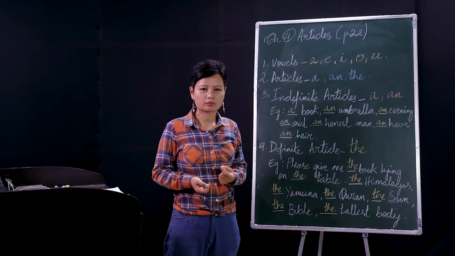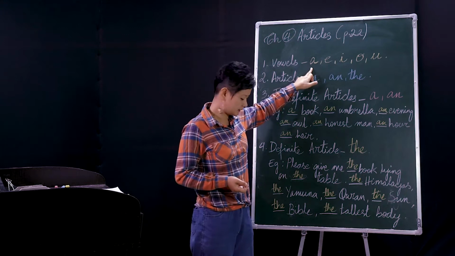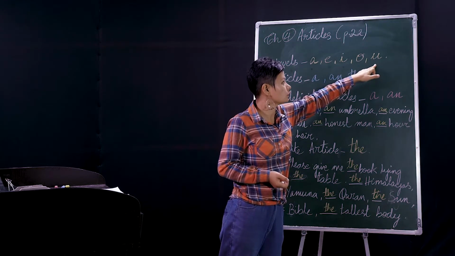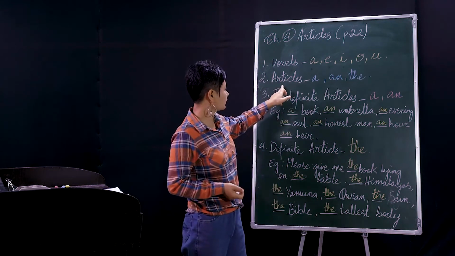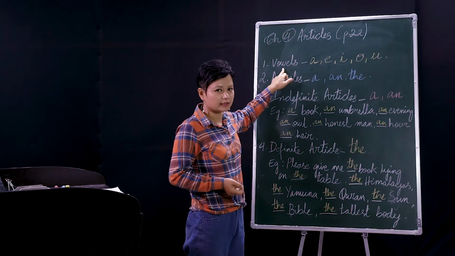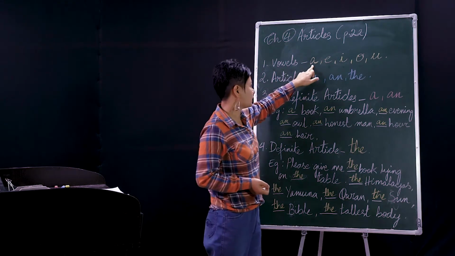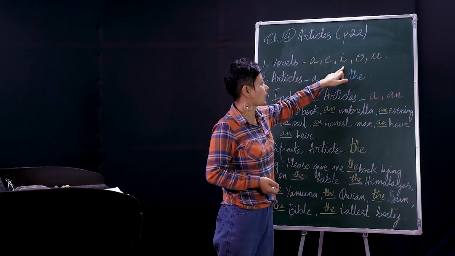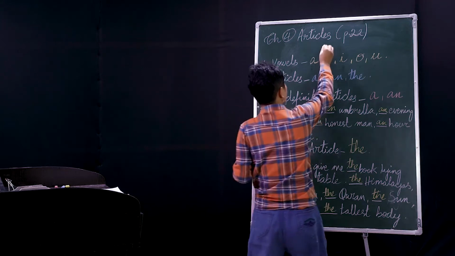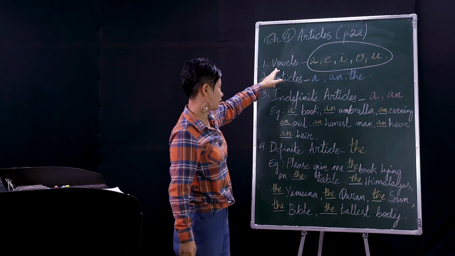In the English language, there are 5 vowels, that is A, E, I, O, U. So these are the vowels in the English language.